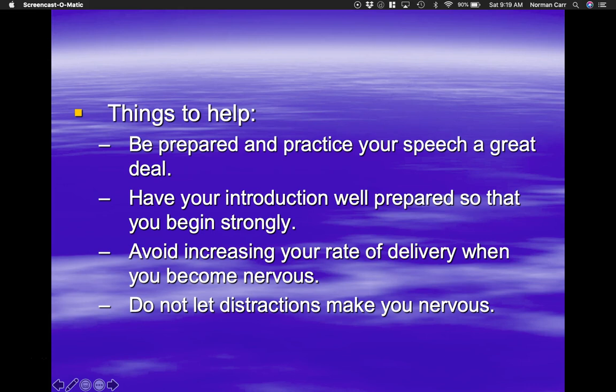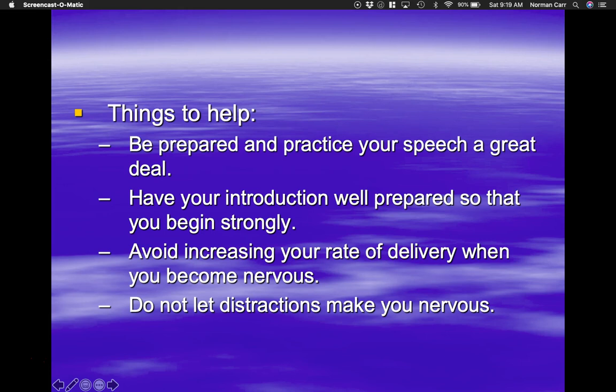If you get nervous, watch your rate of delivery. Don't go too fast. Don't go too slow. There's no need for you to just speed through your speech. There's no need for you to get so anxious and nervous that you start to stutter and trip over your words. If that happens, stop.